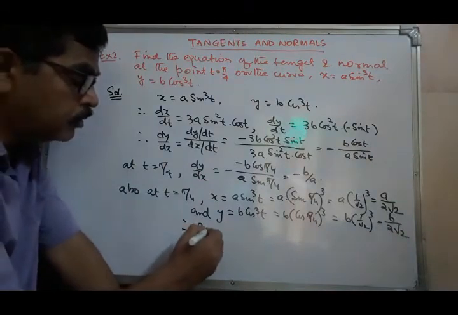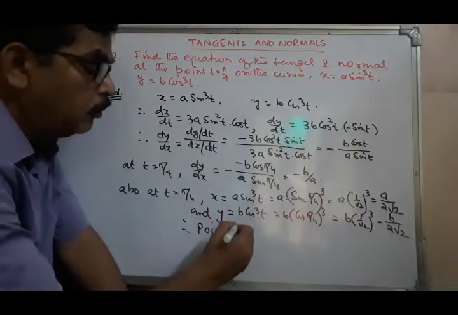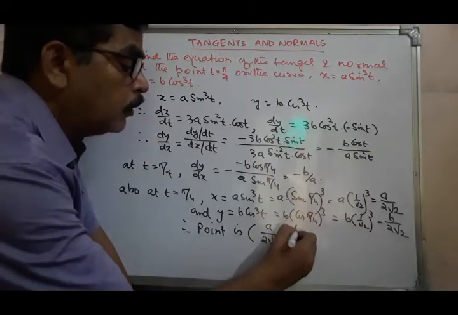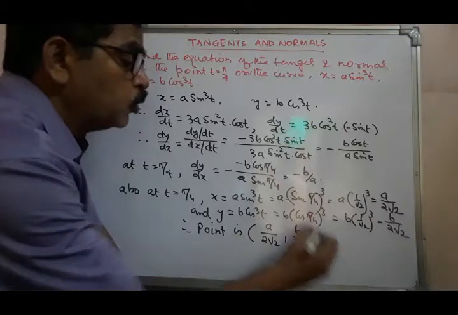Therefore, the point is (a by 2 root 2, b by 2 root 2).